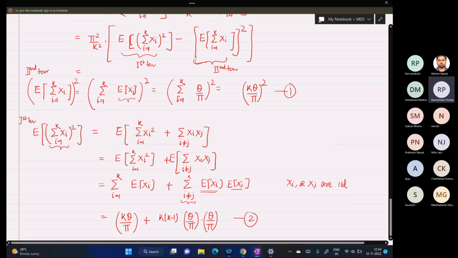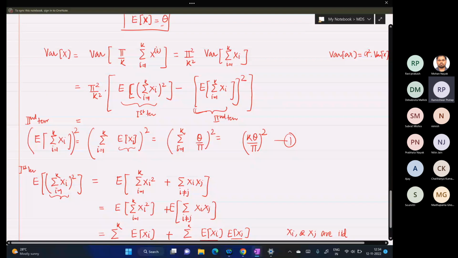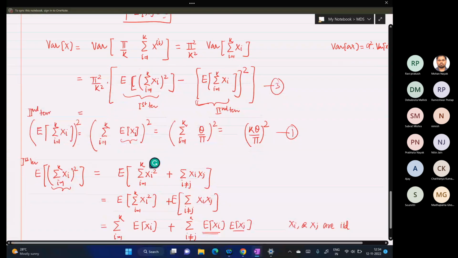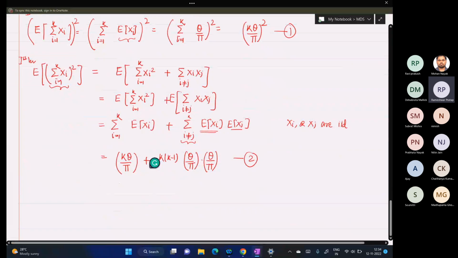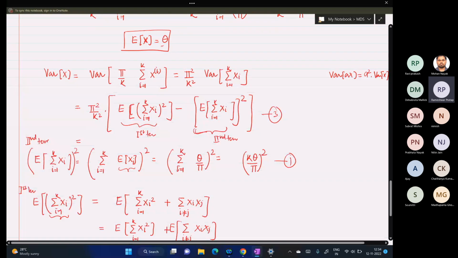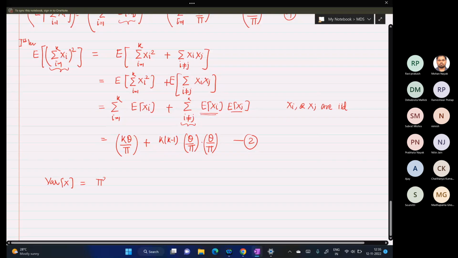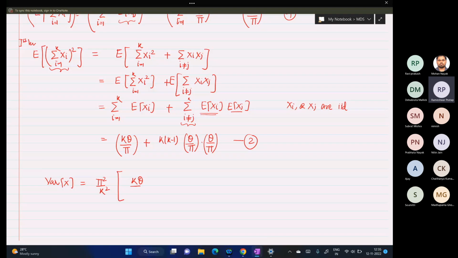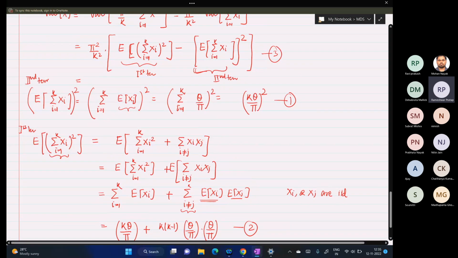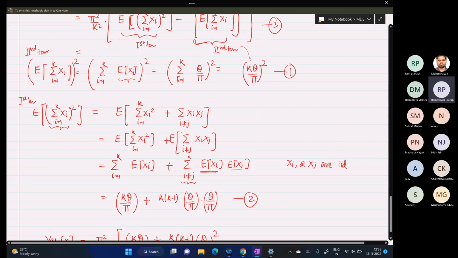So maybe this is equation 1, this is equation 2. By putting this in, this may be equation 3. So we get variance of x is pi square upon k square, and this is the first term, k theta by pi plus k into k minus 1 theta by pi whole square, minus the term that we need to subtract, which is k theta by pi whole square.